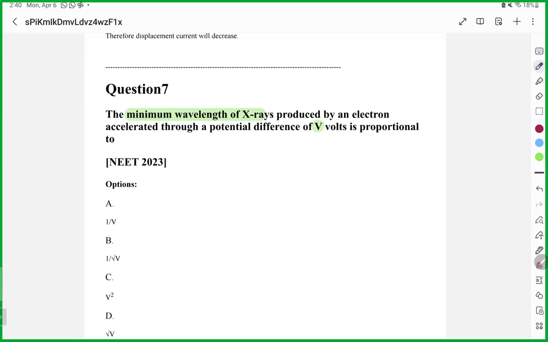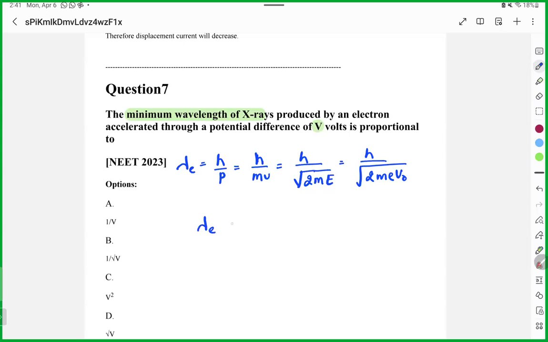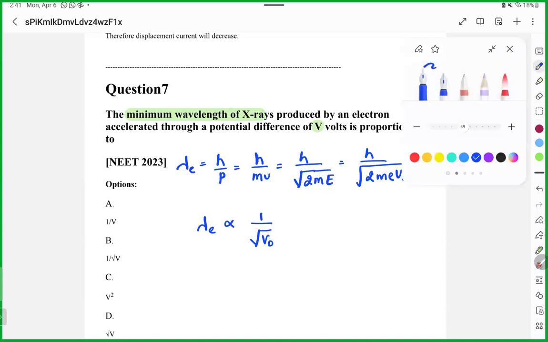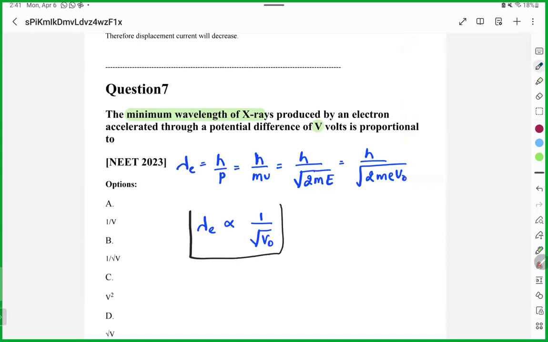Priyanka? Sir, 1 by root V. Yes. For an electron, it is h upon mv, or h upon under root 2me, or instead of kinetic energy you can use potential energy. For an electron, mass, charge and h value are fixed. Can we say, Chandana? Yes, sir. Dual nature of matter, we just did this.